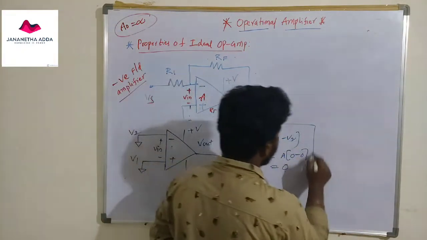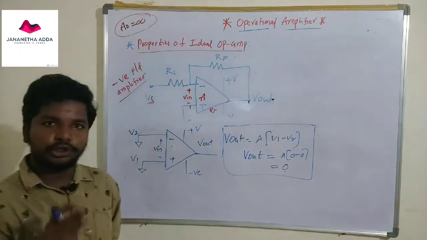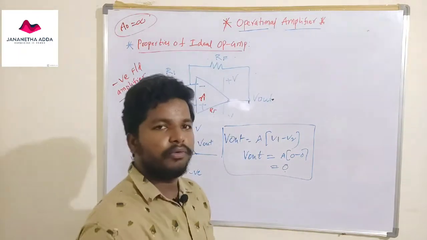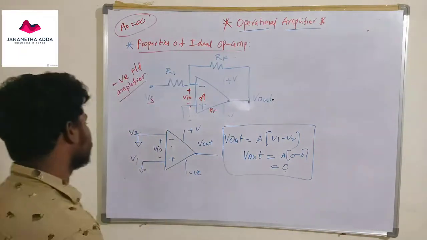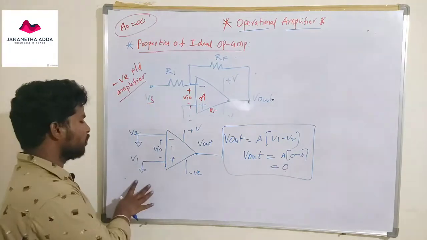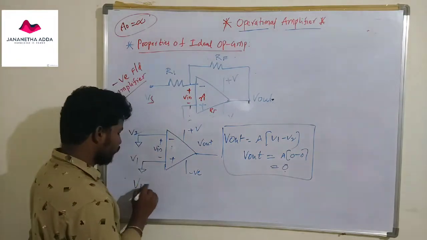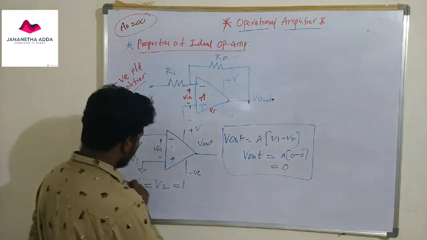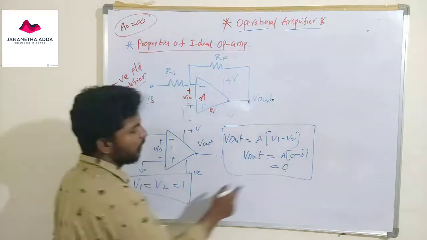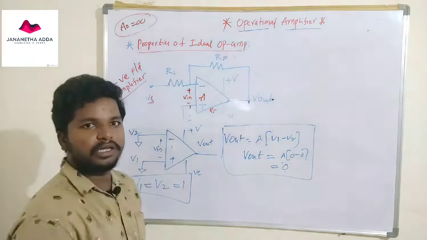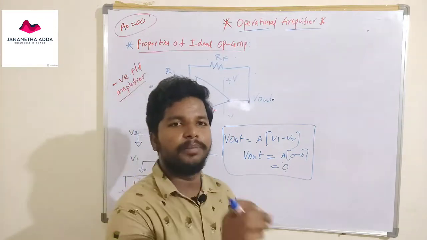For an ideal operational amplifier, it should provide a 0 when both terminals are shorted to ground. If I give V1 equal to V2 equal to 1 volt, then also it should provide a 0 output, which is called the zero offset of an operational amplifier.